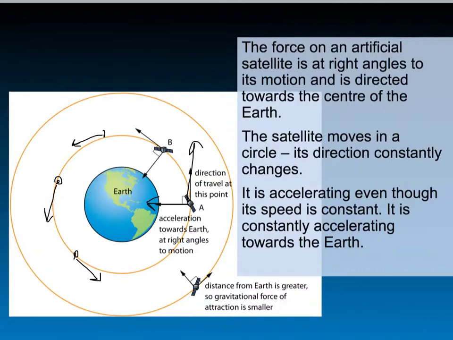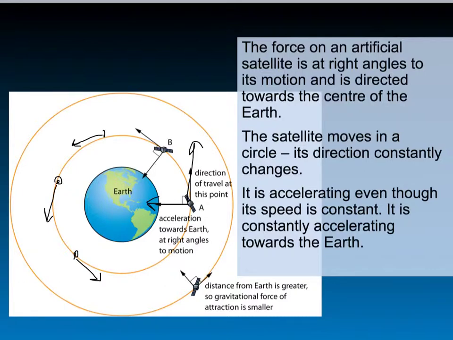Okay, the satellite is always continually accelerating towards the Earth. Because of that, it is always being pulled towards the Earth. It's able to stay in orbit because of its motion, how it's moving so fast.